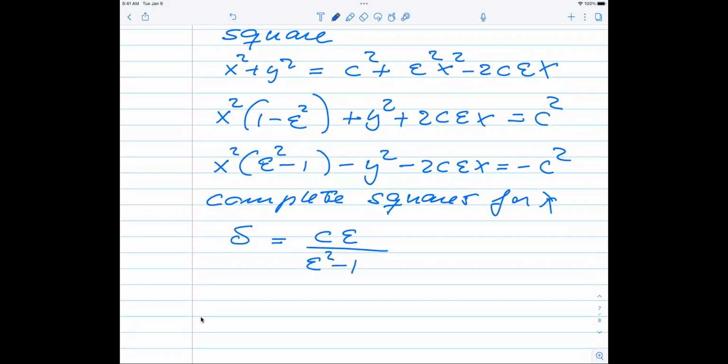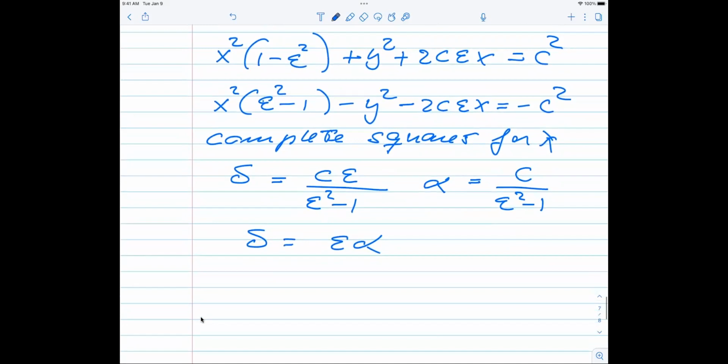And then I have a new parameter alpha, which is going to be given by C times this epsilon squared minus 1. And so this delta is simply epsilon times alpha here. And then I'm going to define an additional parameter, which I call beta. And this is going to be C divided by square root of epsilon minus 1 here.